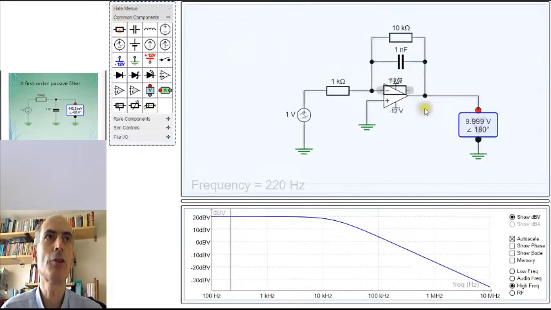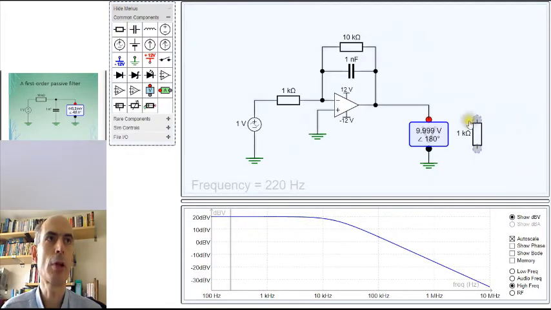Supposing I add a 1K resistor to represent the input impedance of the next circuit. The frequency response doesn't change at all, because the output of this active filter is coming directly from the output of an ideal op-amp, and an ideal op-amp has a 0 output resistance.